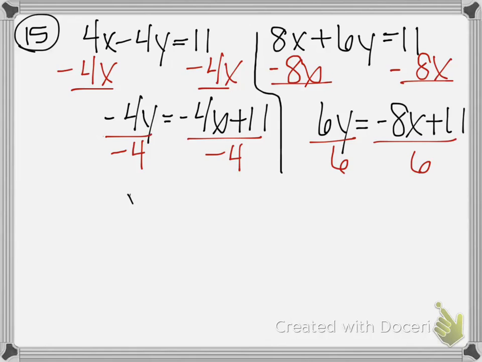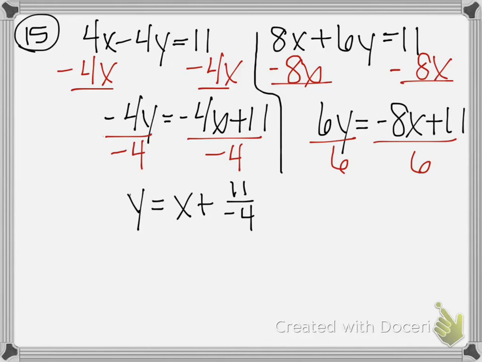So that's going to leave me y equals, and then negative 4x over negative 4 would be 1x, so x, and then plus 11 over negative 4. Or I could have put minus 11 over 4, and honestly it doesn't matter because I don't have to worry about the y-intercepts. I just have to compare the slopes. So the b doesn't even matter to us.